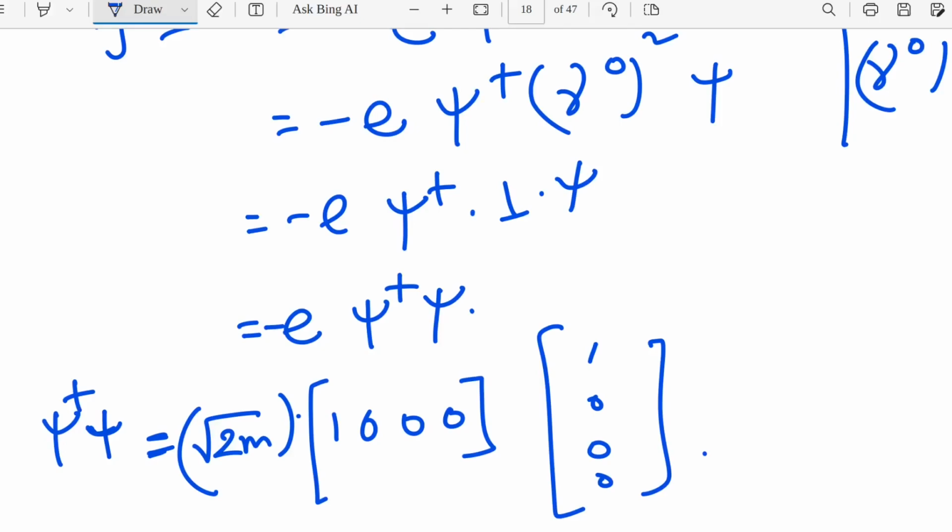Now, as we said, psi is root 2m times (1, 0, 0, 0) times e^(−i p·x).